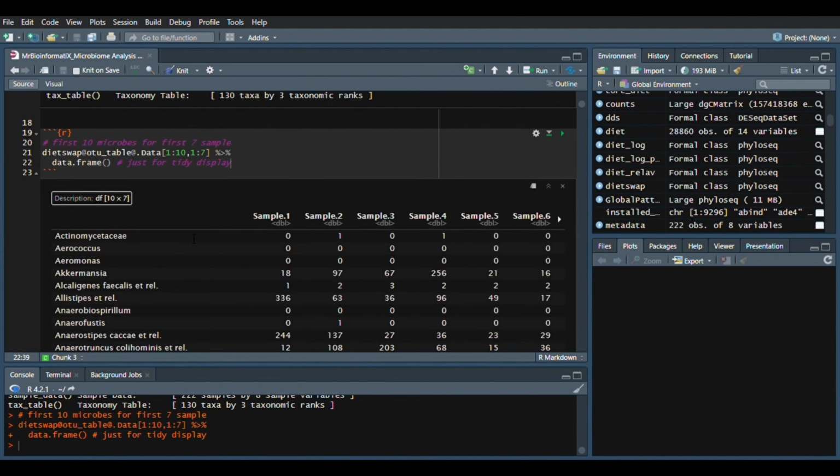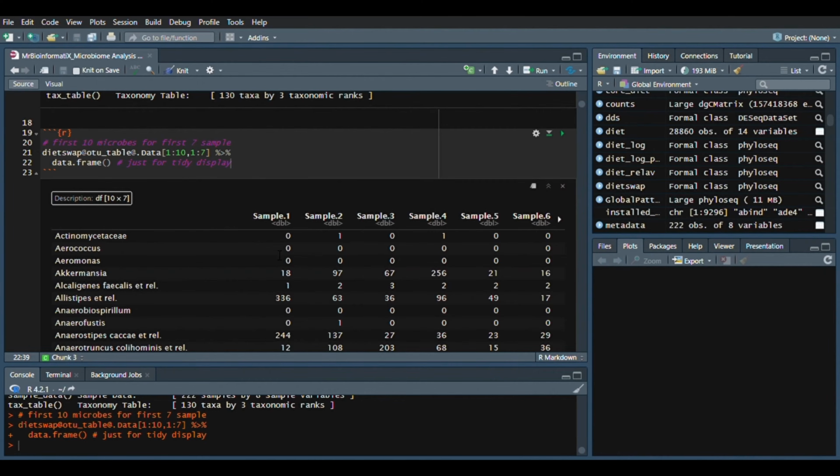This indicates that this microbe is relatively abundant in certain samples, particularly in sample 4, where its count reaches 256. On the other hand, Aerococcus here has a count of 0 for all samples, indicating its absence from the dataset, suggesting that this specific microbe is not present in the sampled individuals.